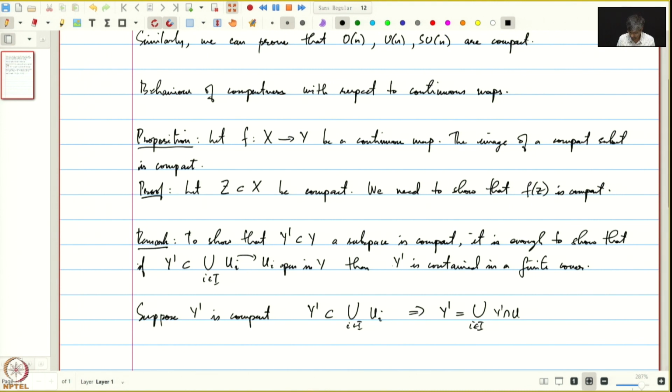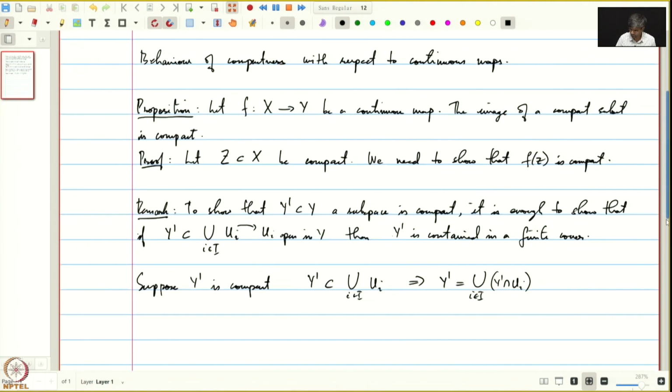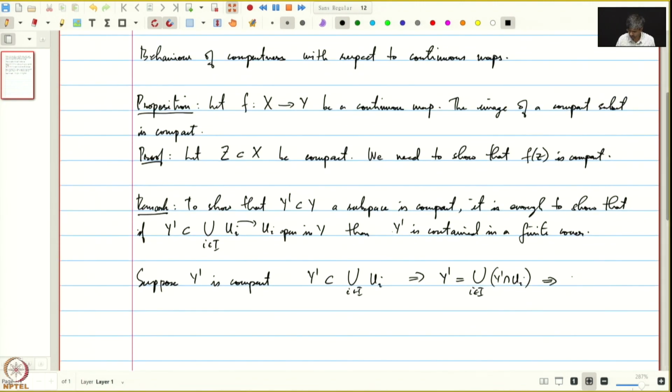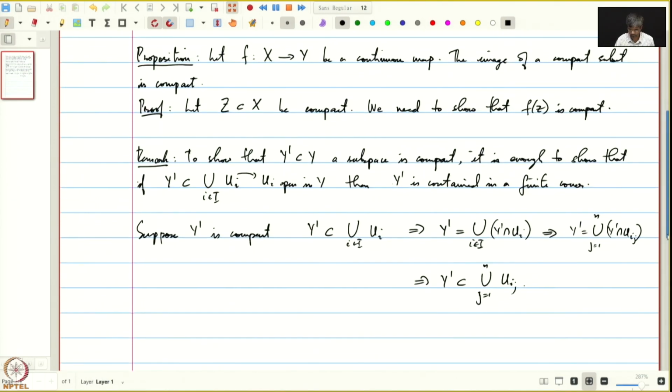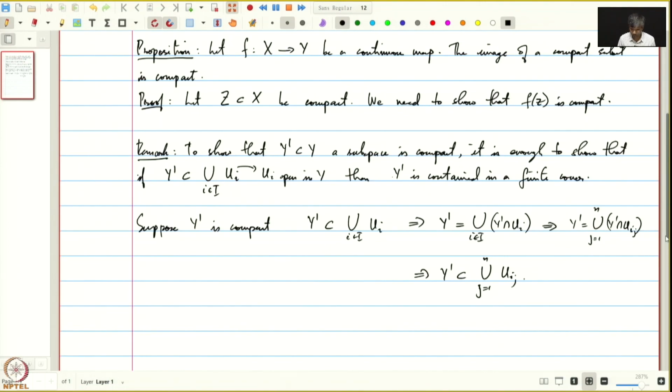This is an open cover for Y prime, and since Y prime is compact, there is a finite indexing set Ui_j such that Y prime is contained in the union of the Ui_j. Right?